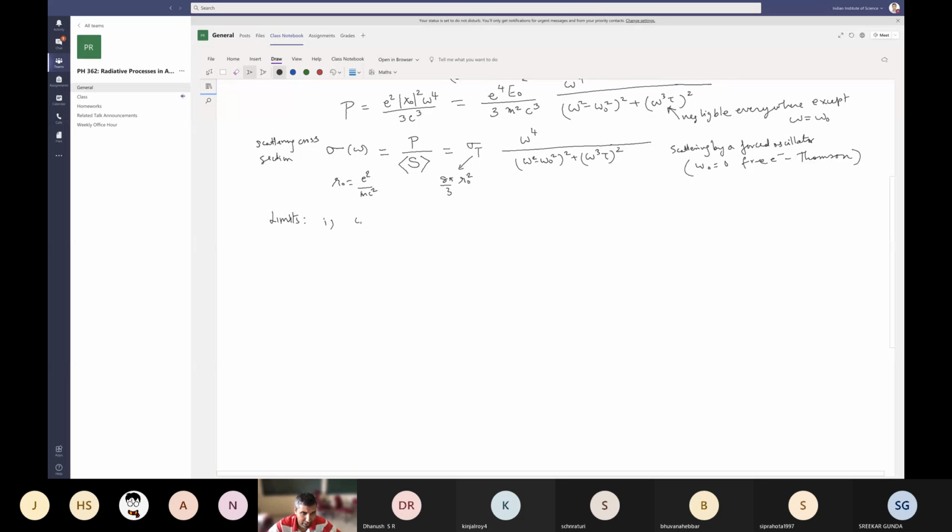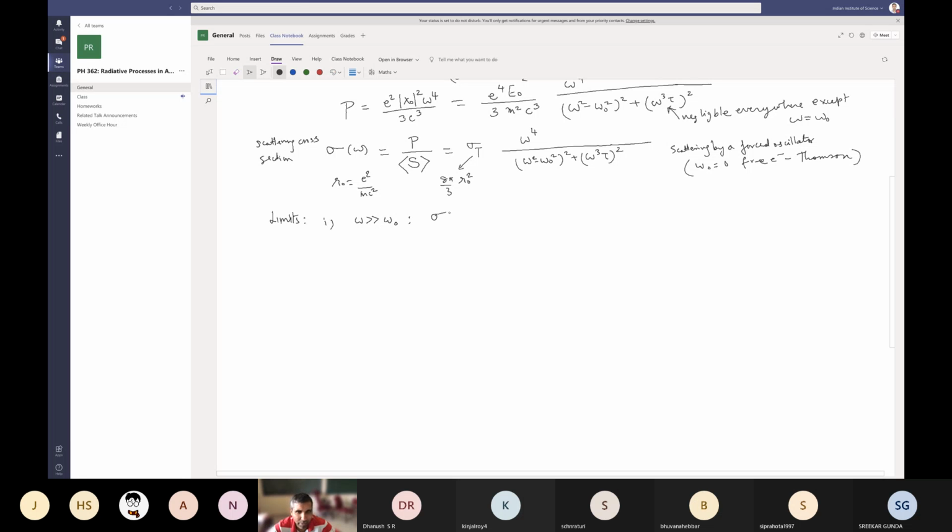We can go to omega much bigger than omega naught. In this limit, you are shining a light which has much higher frequency than the natural frequency of the electrons. So it really doesn't matter whether the particle is bound or not. If you're shining a light which has very high frequency, it will oscillate at that high frequency.